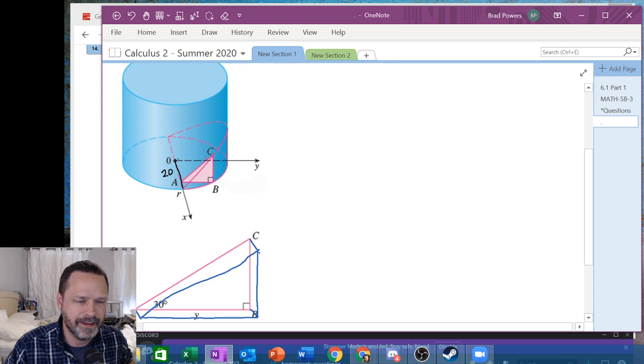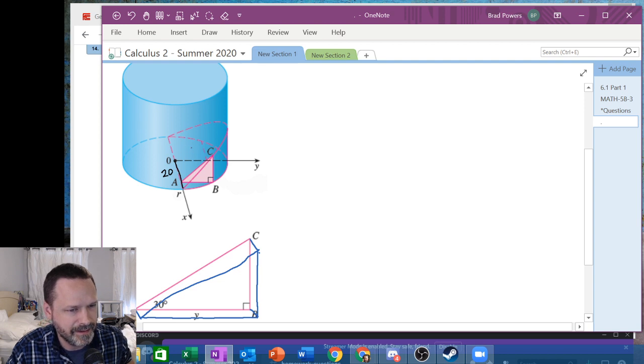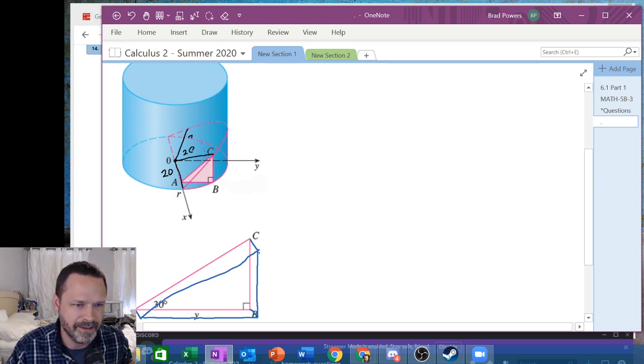And also, I was assuming that the radius of this is 20. Now there's a problem with that, right? To say the distance from here to here is 20 and the distance from here to here is 20 is not right. That was my mistake.